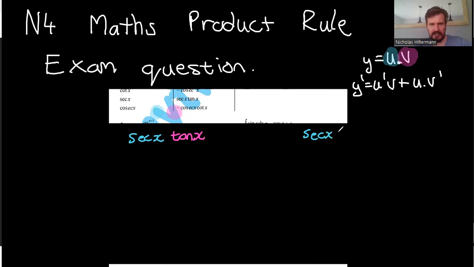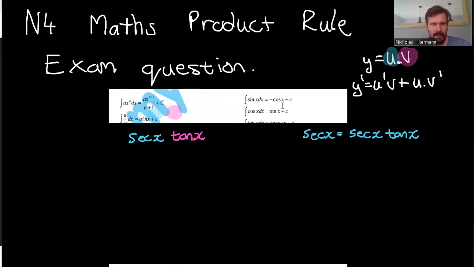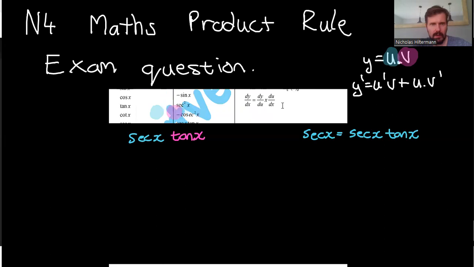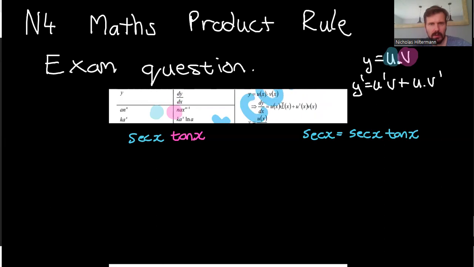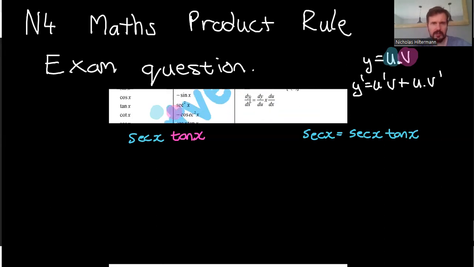The derivative of sec x is sec x tan x. And the derivative of tan x is sec squared x.